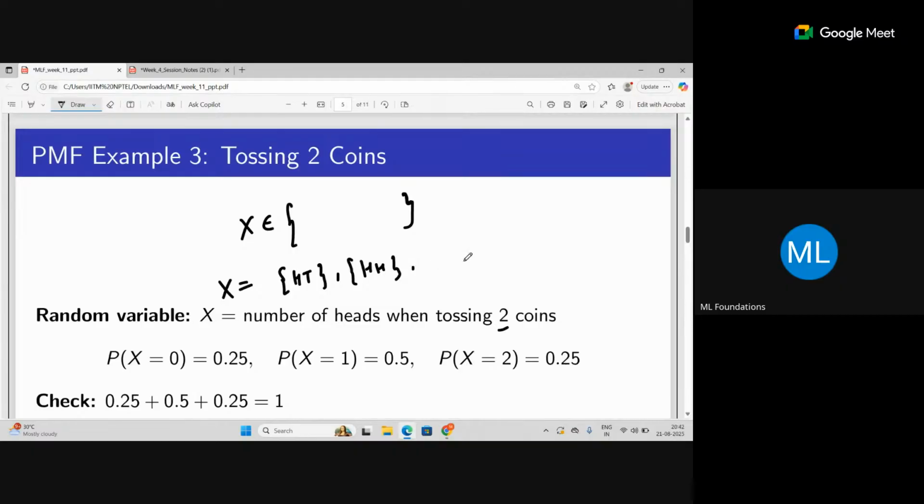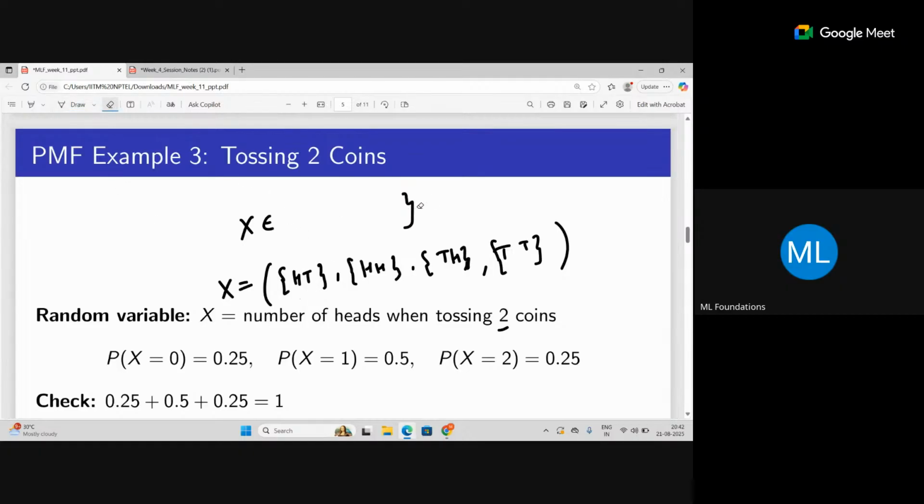Then one more will be tail head, and another will be tail tail. Correct. These are the outcomes. Each individual thing is an event, right? I hope all of you understand that part. What do you mean by event? This is an event, right? Okay. And when I say x equal to number of heads, what is the range of x here?